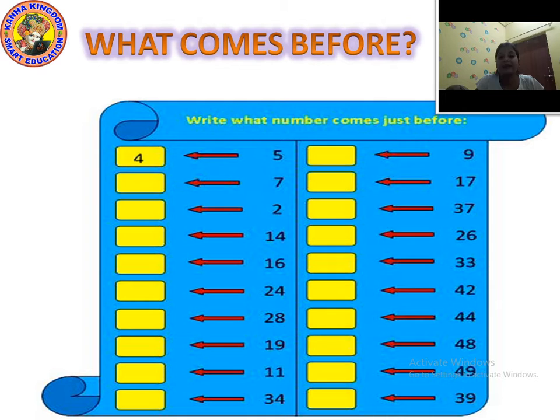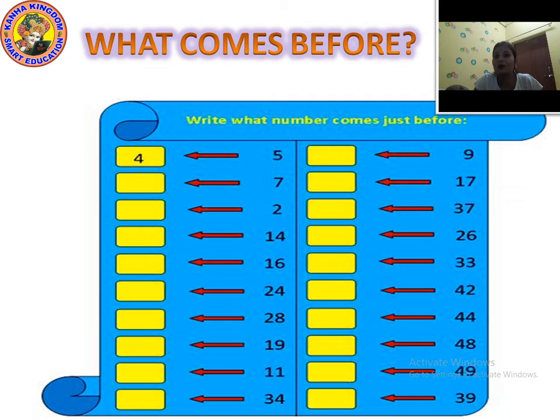Now 17. What comes before 17? Let's find out. Let's start counting from 11, 12, 13, 14, 15, 16, 17.